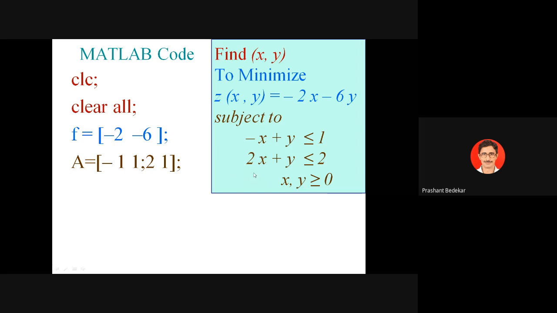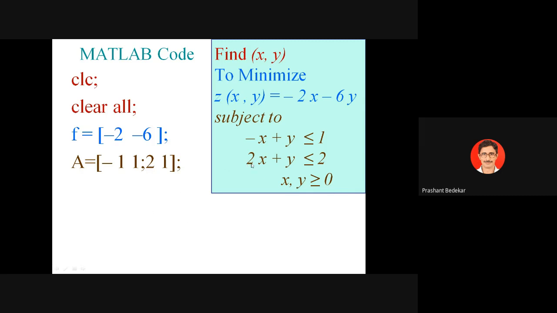The second row of A will contain 2 and 1. As they are rows, they are to be separated by a semicolon. They cannot be separated by a comma. Those who have used MATLAB must know these preliminary things, that rows are to be separated by a semicolon.